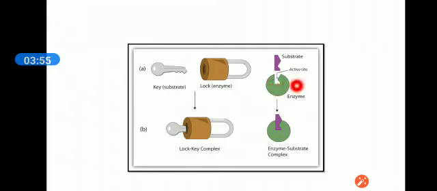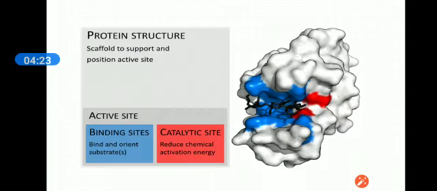There is a conformationally complementary site for the substrates within the enzyme, and after the lock and key complex, meaning the enzyme and substrate complex or ES complex, conformational changes occur within that site and the substrate is converted into product. We have discussed in a previous lecture the properties of this active site.